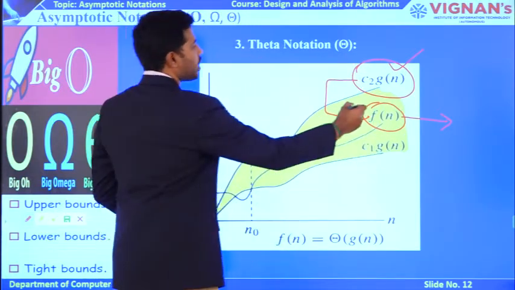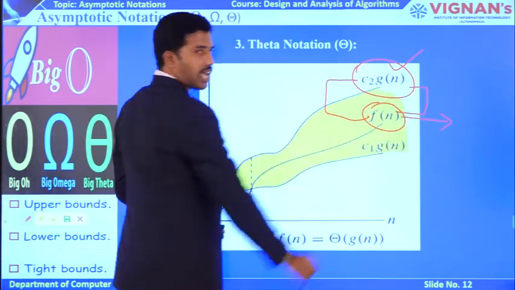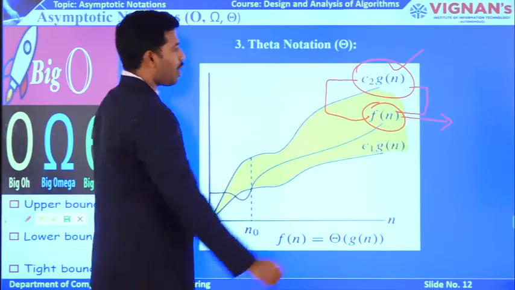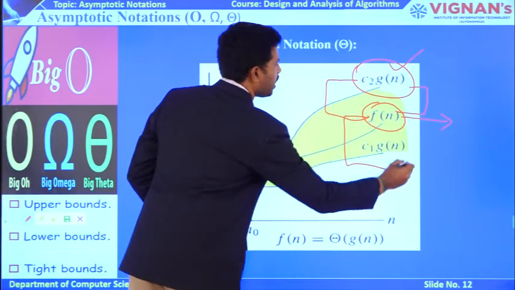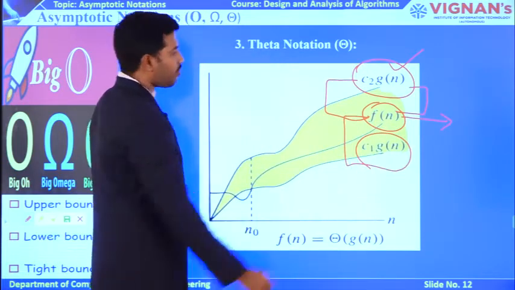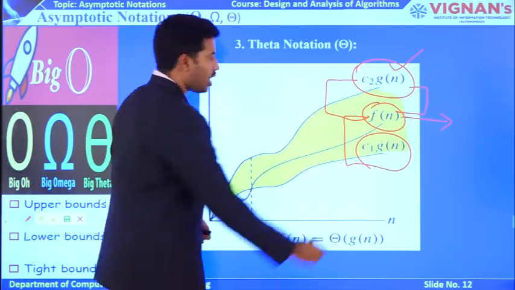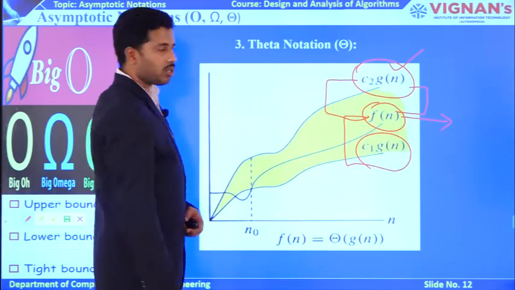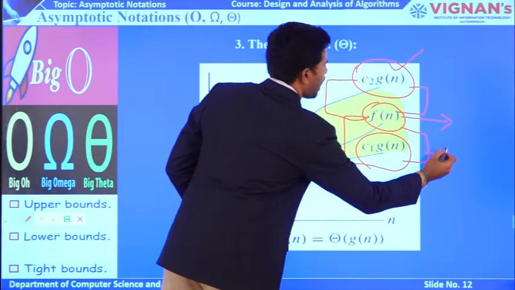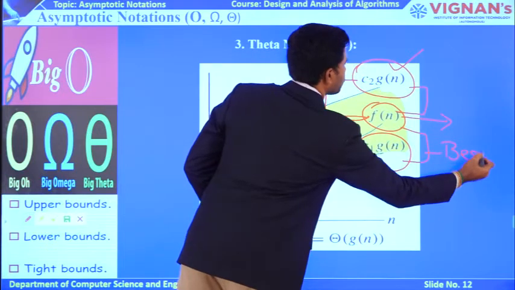Now you can consider these two functions as worst case. Now by comparing f of n with c1 into g of n, f of n is having a higher value than c1 into g of n. So you can consider this case as best case.